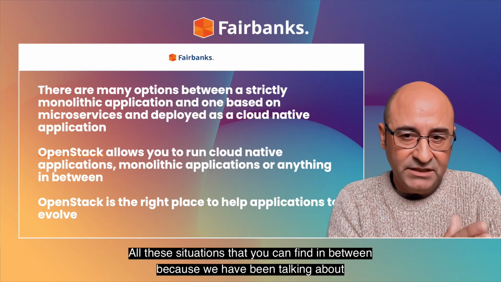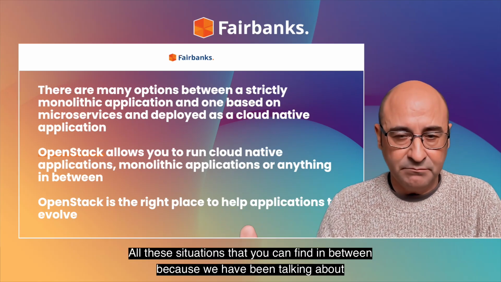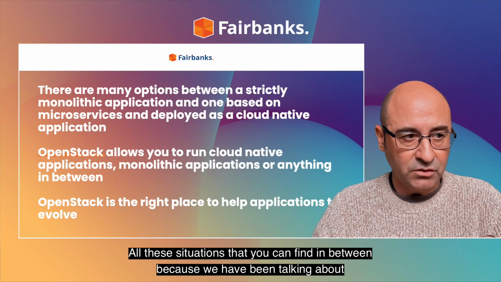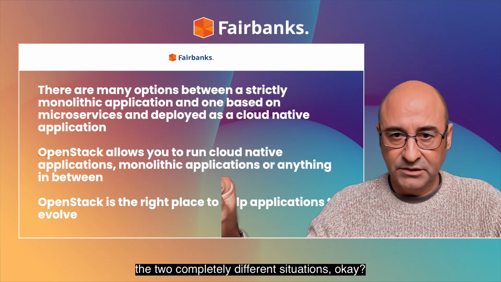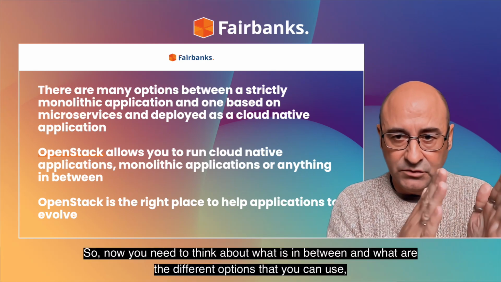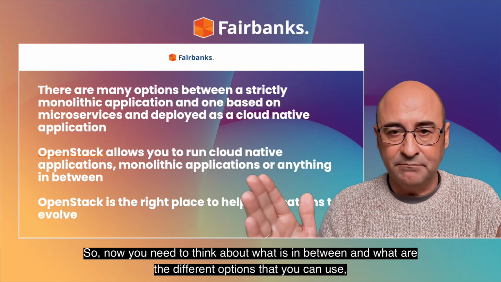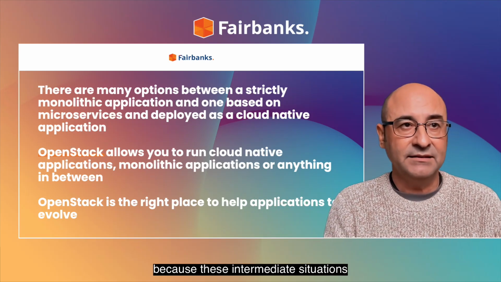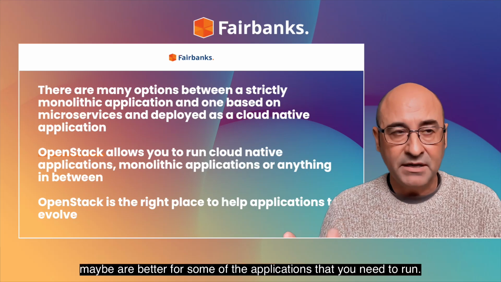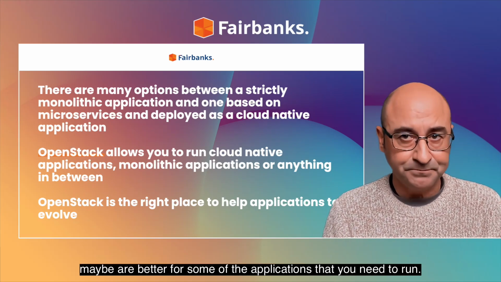These are all situations that you can find in between, because we have been talking about two completely different situations. So now you need to think about what is in between and what the different options are that you can use, because those intermediate situations may be better for some of the applications that you need to run.